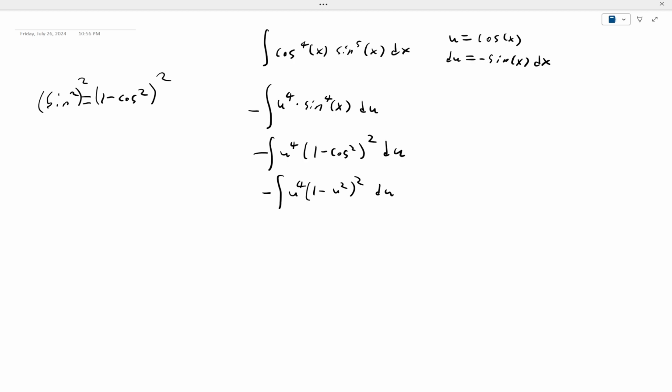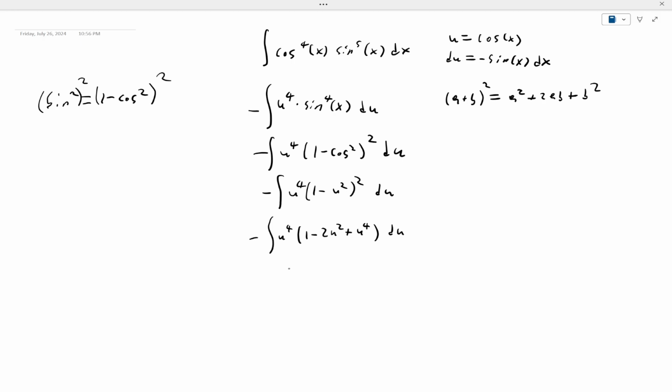And so now we can solve. First let's distribute, or FOIL, because we know a plus b squared is equal to a squared plus 2ab plus b squared. So we're going to have u to the fourth multiplied by, a squared will be 1, plus 2ab, so it will be minus 2u squared, and then plus u to the fourth, du.